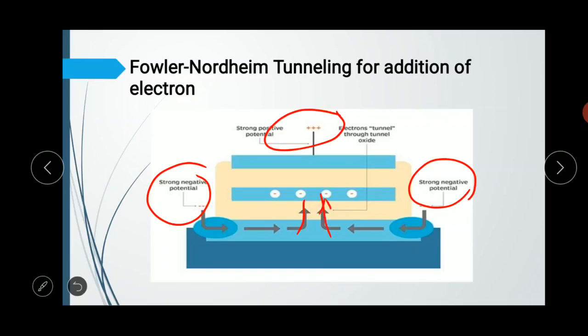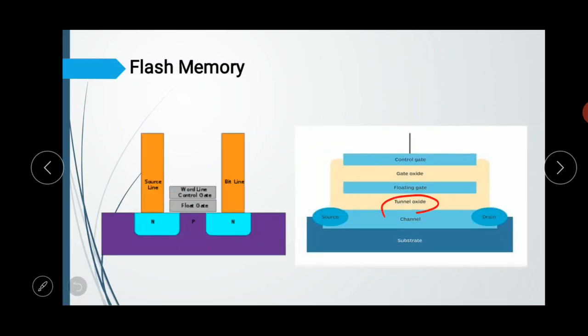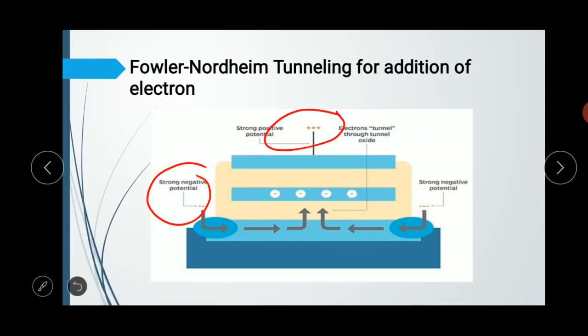Okay, the electrons move from the source through the thin oxide layer that is known as tunneling oxide. Here you can see tunnel oxide. Okay, so through the thin tunnel oxide layer to the floating gate, where they are trapped between the oxide insulation layers.